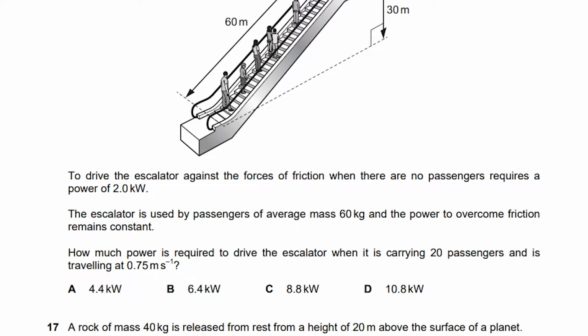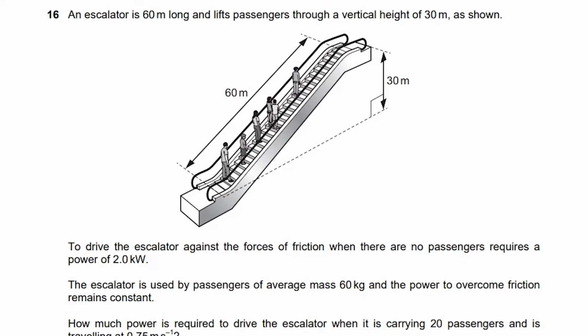Now see, first thing we have to do is calculate the weight of these passengers, the collective total weight. Now the formula to calculate weight is mass multiplied by g. The average mass is 60 kg and there are 20 passengers, so 60 multiplied by 20 and the value of g is 9.81.